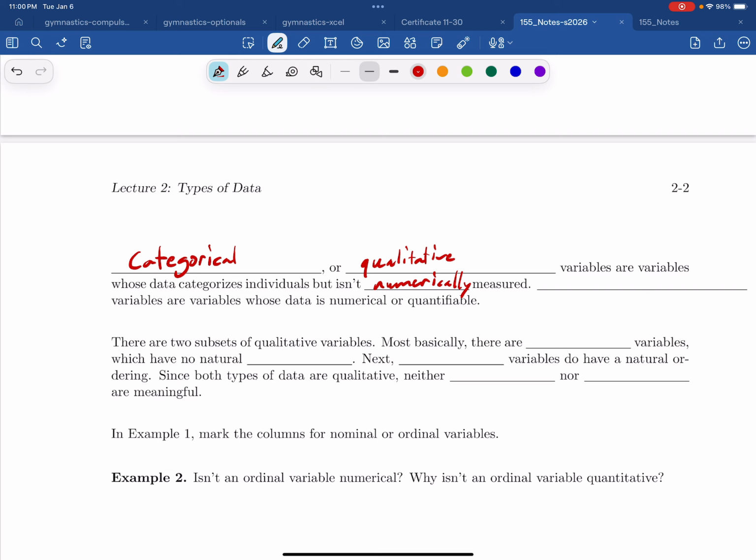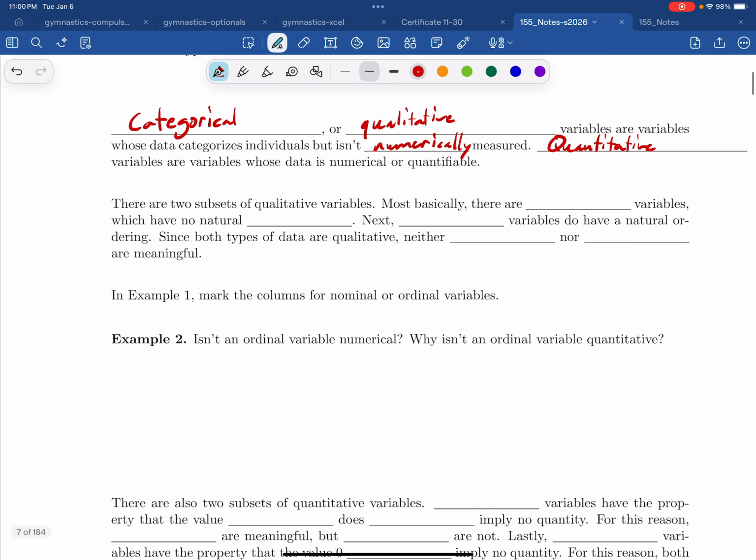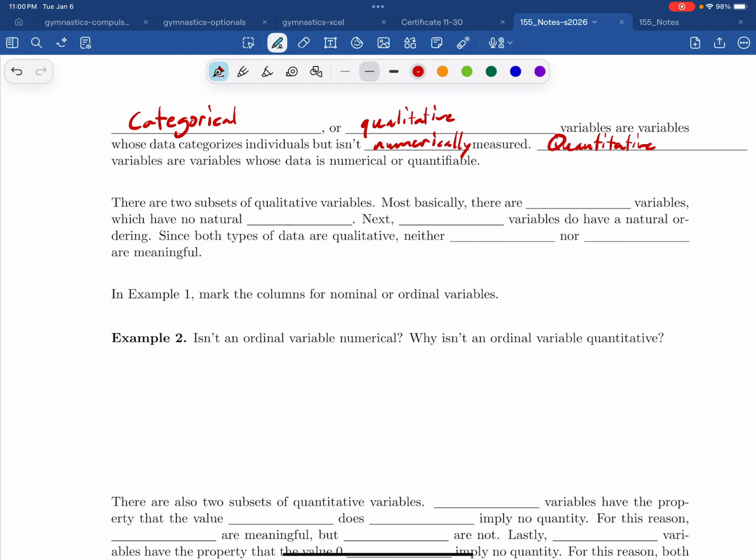So these are variables that are measuring properties or characteristics that are not numerical, as opposed to quantitative variables, or numerical variables. Variables whose data is numerical, right? A characteristic that is quantifiable or numerical. And we'll look back at this example for examples of each.